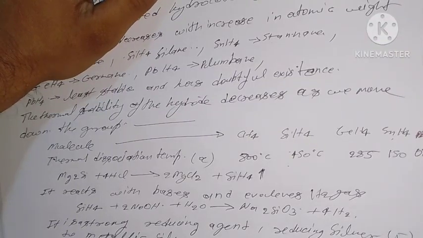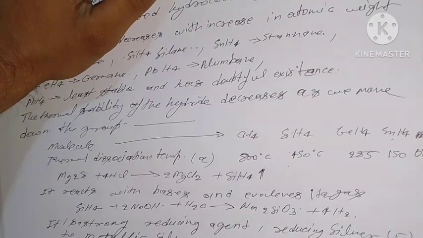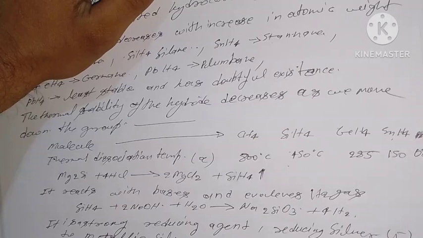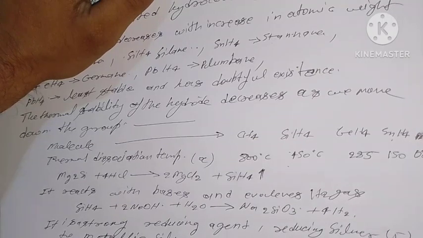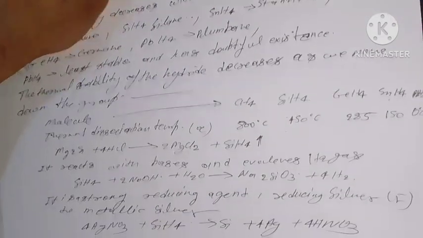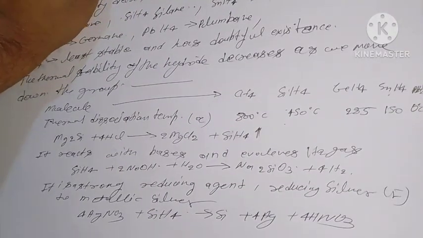For example, 4AgNO3, silver nitrate, plus SiH4 gives silicon plus 4Ag, silver, plus 4HNO3, nitric acid.